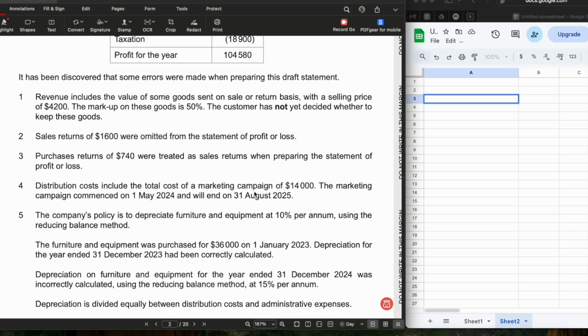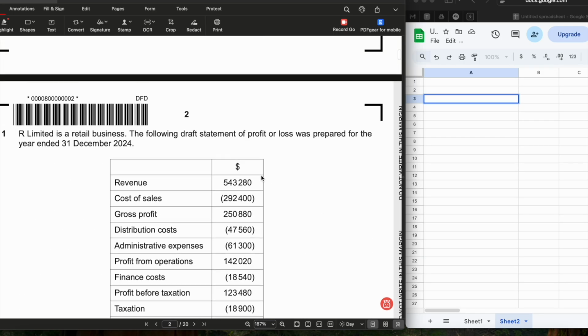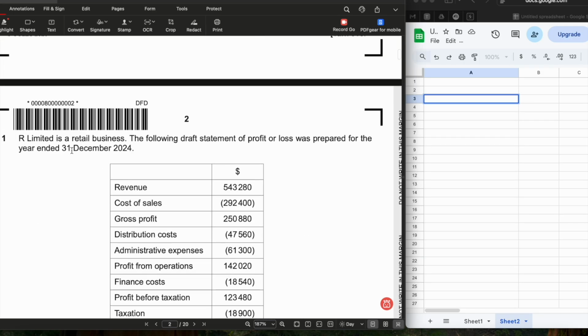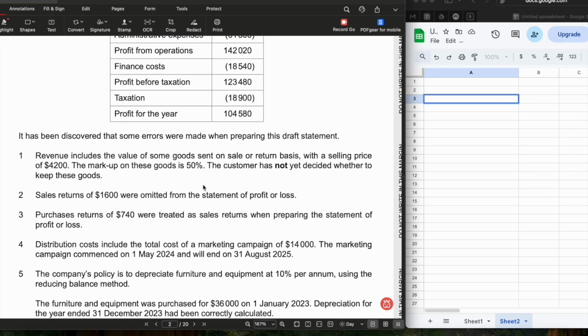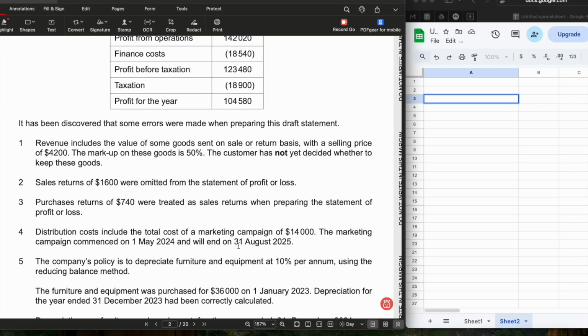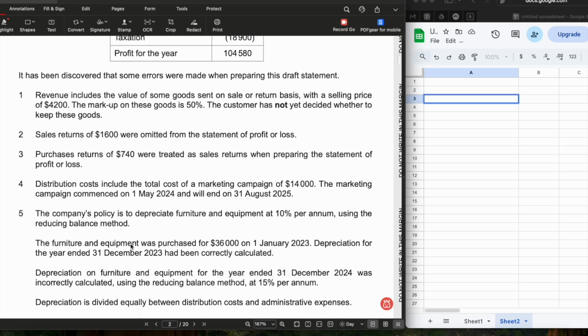For 16 months, we paid 14,000. But if you look at this question, our year is ending on 31st December 2024. So from January 25 to August 25, those 8 months are not this year's cost. So we'll subtract it from the marketing campaign, which was included in distribution cost.